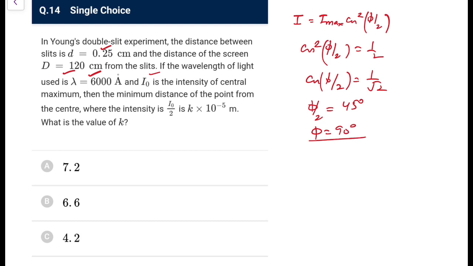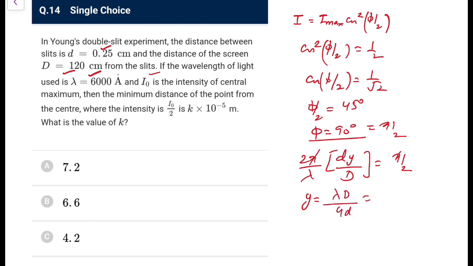So phi equals 90 degrees, where phi is 2 pi by lambda into delta x, and delta x is d sin theta, which means d y by D. That is pi by 2. So y in the minimum case would be lambda D by 4d, which is 1/4 of the fringe width.